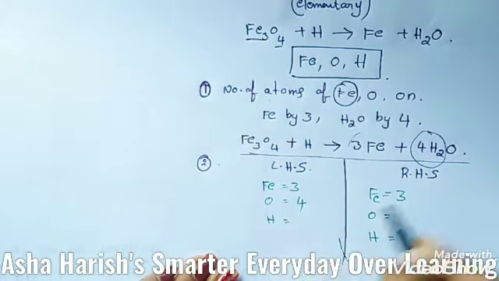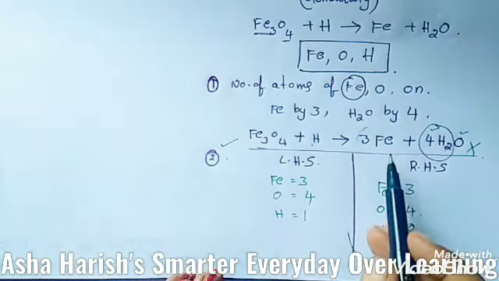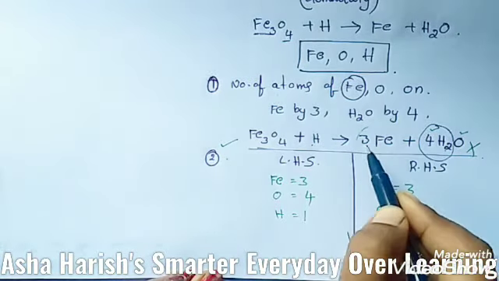Okay, so the equation is not balanced here. Now students, in step 2, the above equation contains 8 atoms of hydrogen on RHS as against 1 on LHS. To equalize, multiply H atoms by 8 and convert it into molecular state as 4H2.